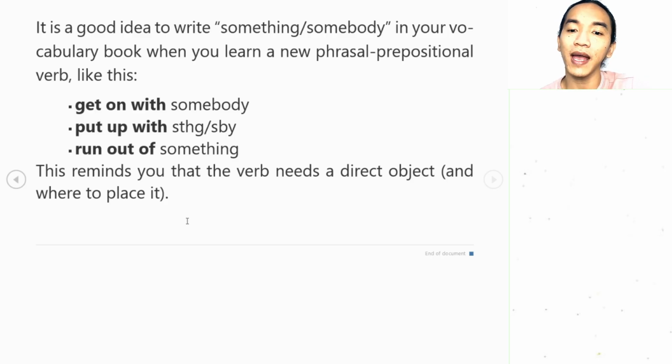This will remind you that a verb needs a direct object, which could be a person or a thing. Those are the differences of phrasal and prepositional verbs.